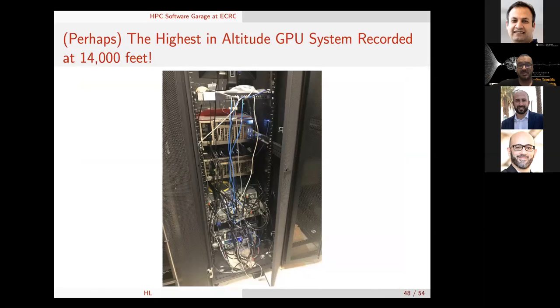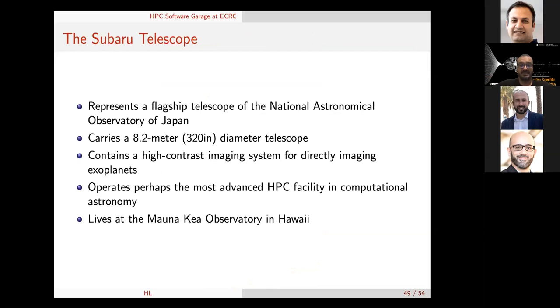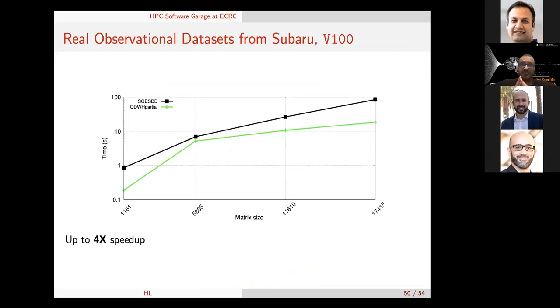They're limited in terms of power, to cool and to run the system. So they have only a limited power envelope, and GPUs for them turn out to be the way to go. And this is their existing system. We're able to port our software there.